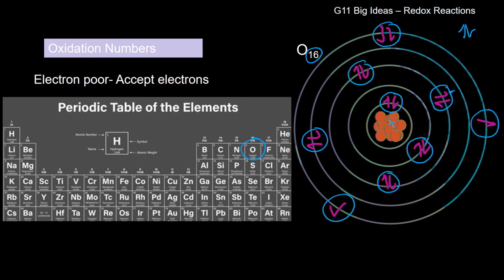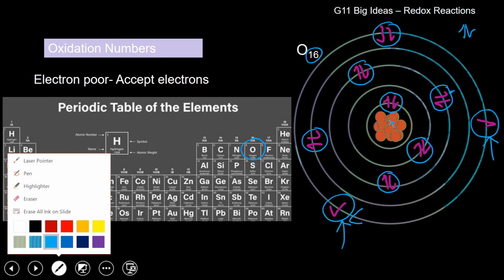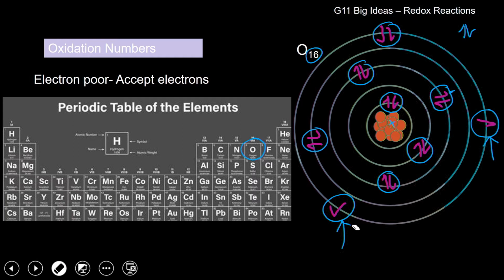Now these two over here, you can see, are not paired, and the electrons like to be paired, and so oxygen generally is not going to give those two away. It's greedy, it wants electrons. So it wants to take on another 2 electrons, one to match that one there. I've drawn that incorrectly.